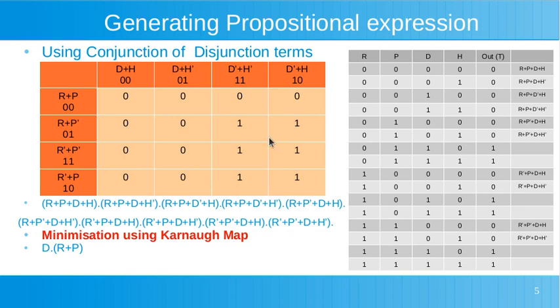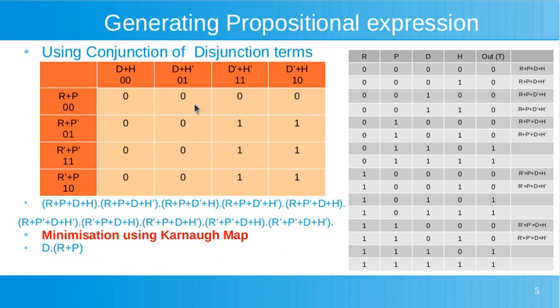Now we will select the groups. So this will be a group of 4 and this will be a group of 8. So here we will take at most all of the cells we can take together in the number of 2 to the power 1, 2 to the power 2 means 4, 2 to the power 3 means 8. So here we can get an 8 valued group, and here we can get a 4 valued group.